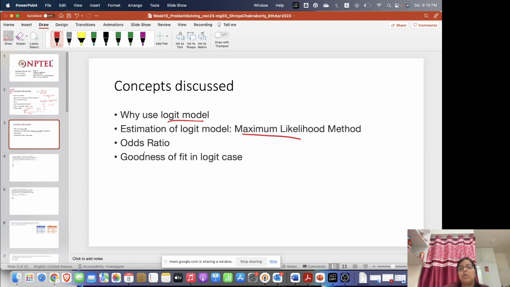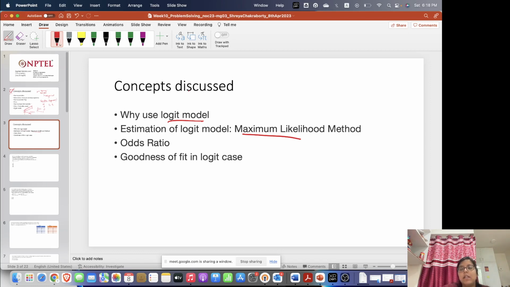We learned a lot about the connection between odds ratio and a logistic regression equation, and also the goodness of fit test in the logit case, which would be a ratio of two likelihoods: the likelihood obtained by fitting the full model, divided by the likelihood when only the intercept term is fit.